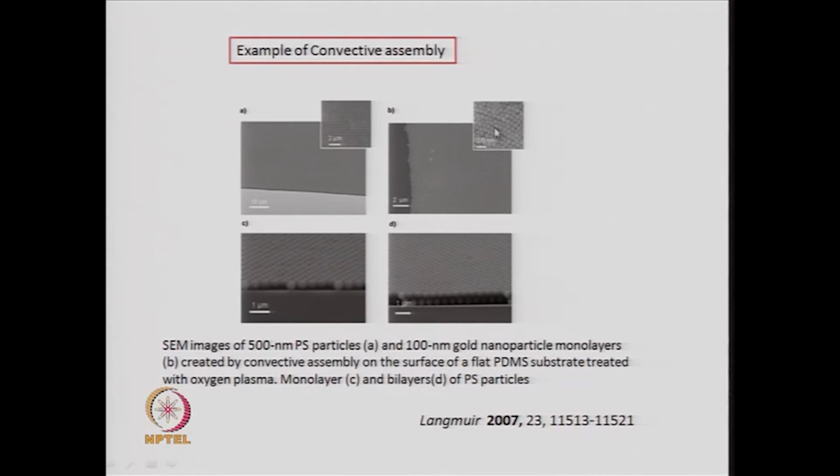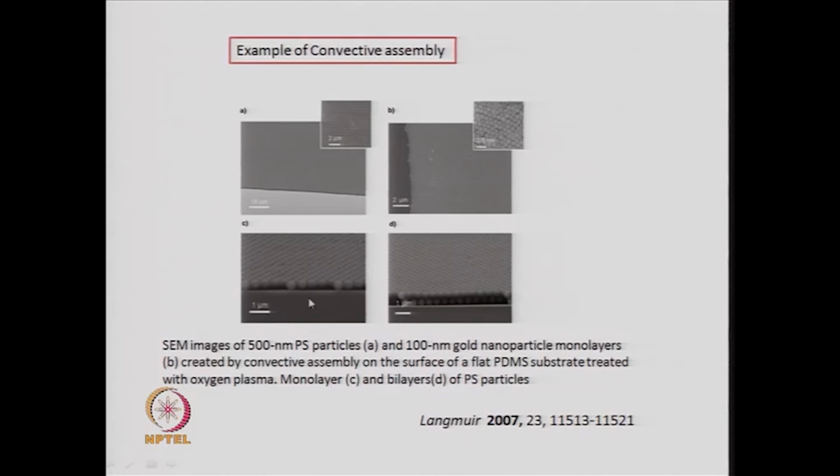It is using convective assembly. Now, this is the top view. If you take the side view or the cross section, then you can see that this is made up of only one layer. This is the substrate, on top there is only one layer of these spheres of gold particles, whereas on this you can see there are two layers. So, you take a cross sectional picture along the side, you can see the number of layers which form on this substrate of PDMS.